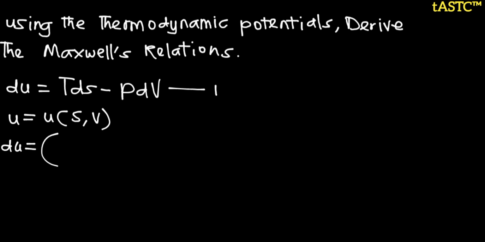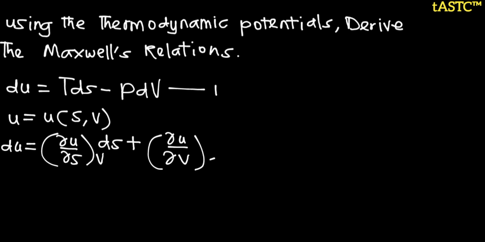That will be the partial derivative of U with respect to S at constant V multiplied by dS, plus the partial derivative of U with respect to V at constant S multiplied by dV. And let us say this is equation 2.